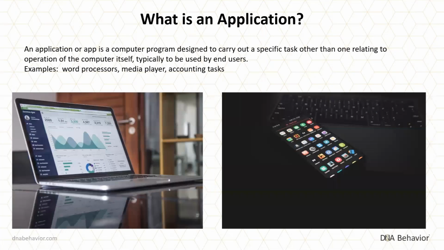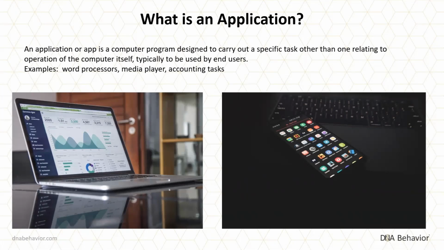An application or an app is a computer program designed to carry out some sort of task that's not related to the computer itself. So something like a word processor or a media player or accounting tasks or a weather app. The application is usually set up to be a user interface, so something that you're interacting with.